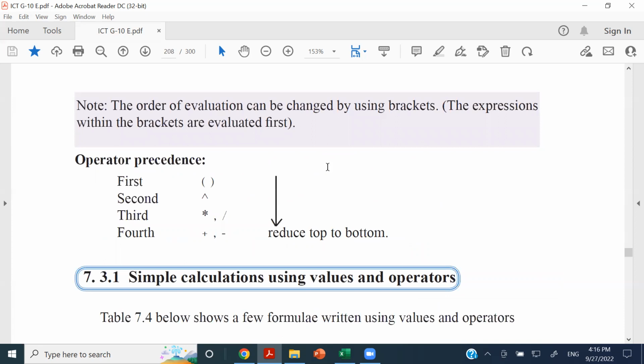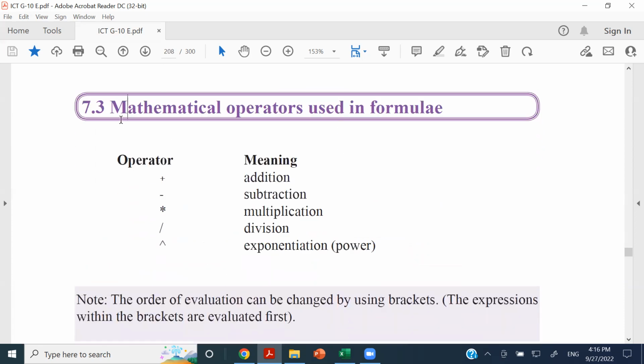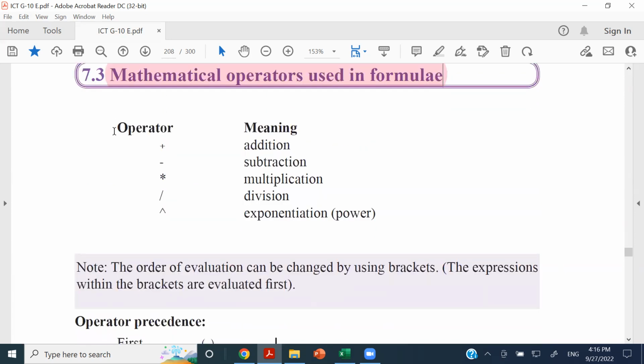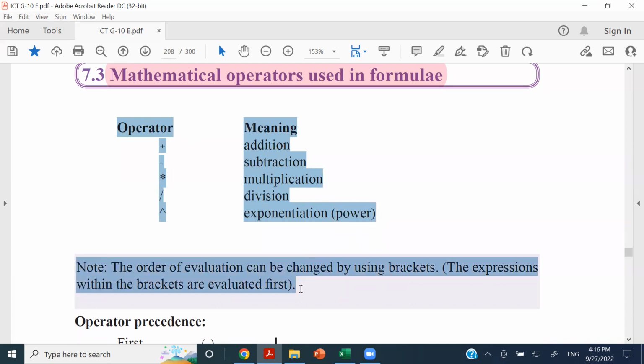So let's quickly write down these things. Mathematical operators used in formulas. You can copy this down as well as this note.